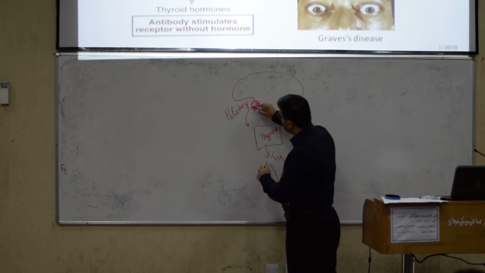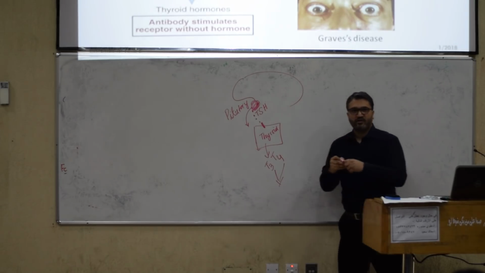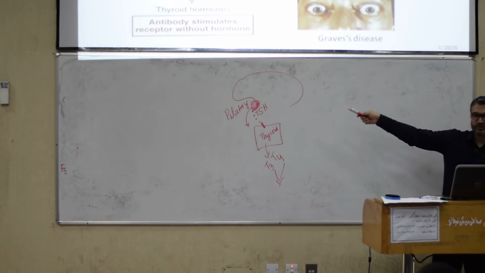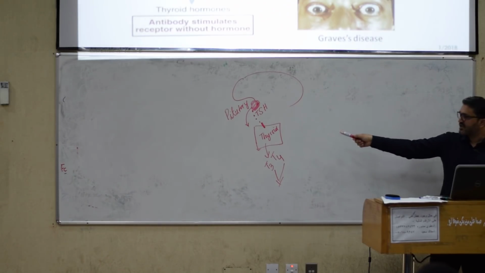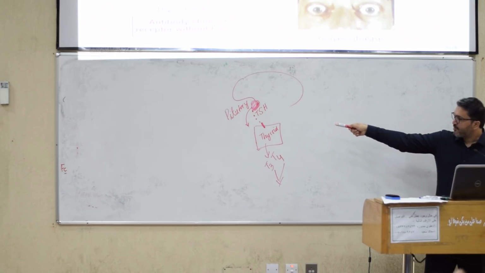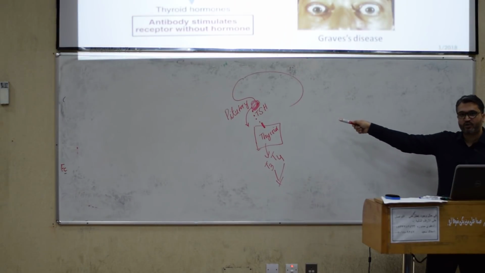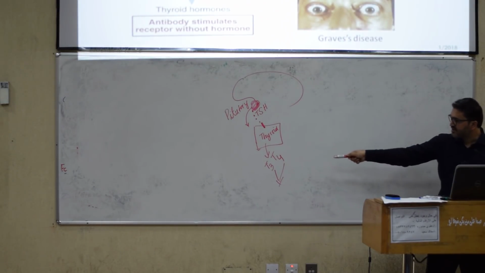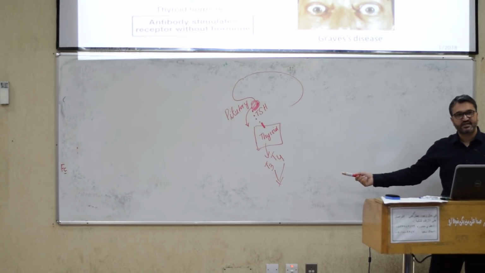When the pituitary releases a substance that controls its function, that is called thyroid stimulating hormone. Okay, so what is happening? The pituitary gland is producing a hormone called thyroid stimulating hormone. It comes to the thyroid gland, binds to the thyroid stimulating hormone receptor. Thyroid will release T3, T4 whenever it is needed.